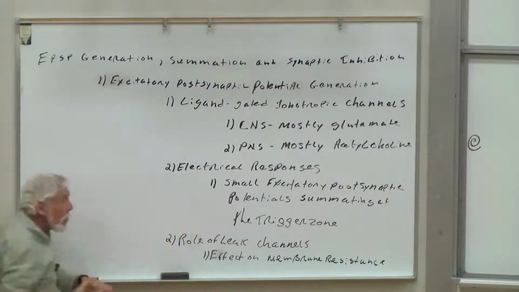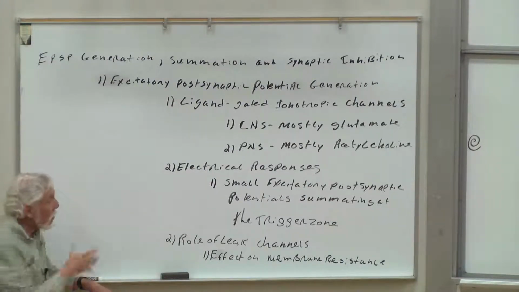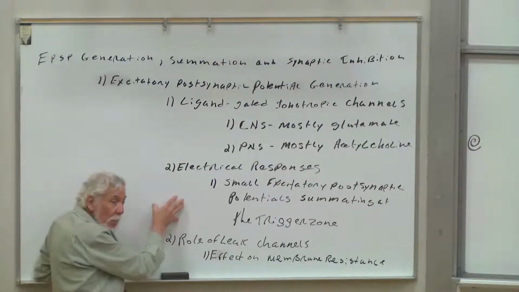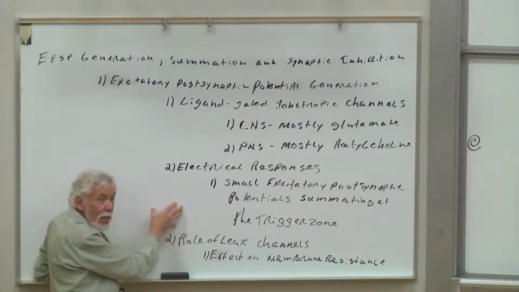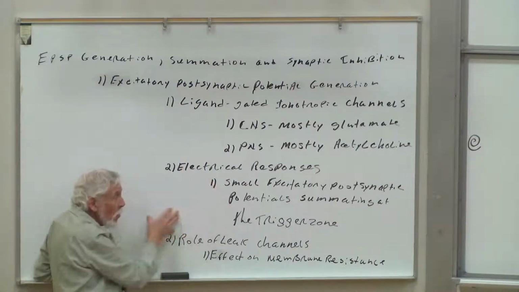Since we're pretty much limited in the amount of neurotransmitter we can release in each case because of the number of neurotransmitter molecules in a vesicle, this means to get summation, we must open many, many vesicles in order to have those small potentials generated on the postsynaptic membrane.